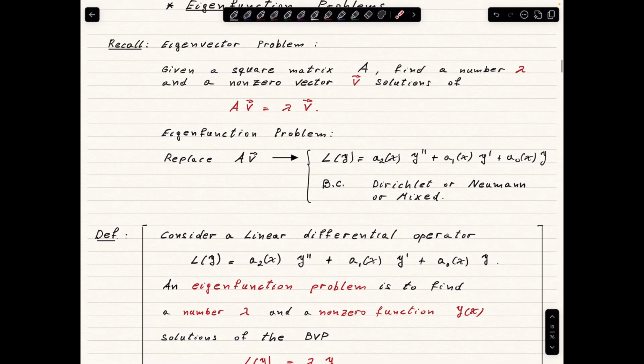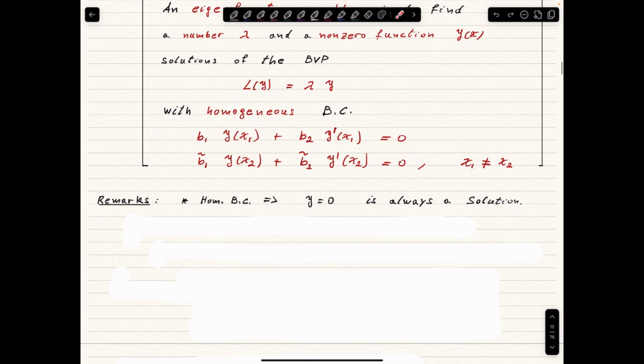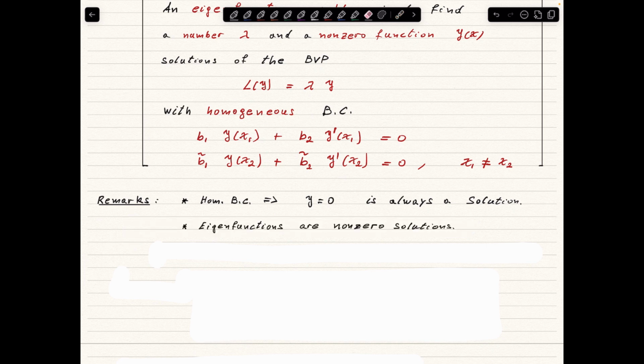This is similar to the eigenvector problem where the vector 0 was always a solution of the equation, and we were not interested in that solution. That's why we say we are looking for non-zero solutions. Well, here it is the same case. 0 is always a solution of the eigenfunction problem, but the eigenfunctions that we are looking for are non-zero functions.